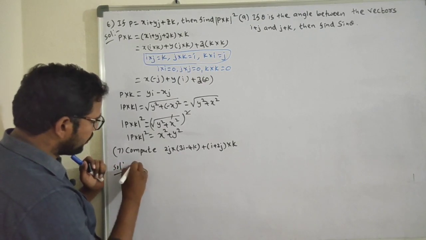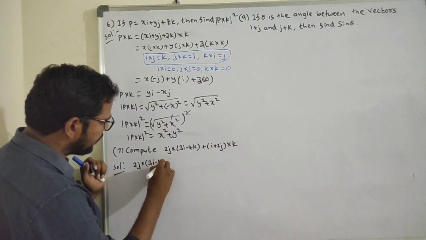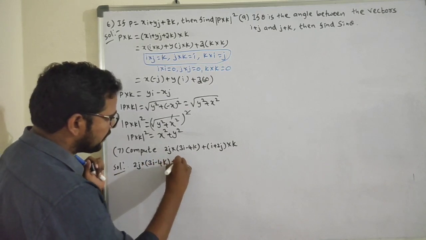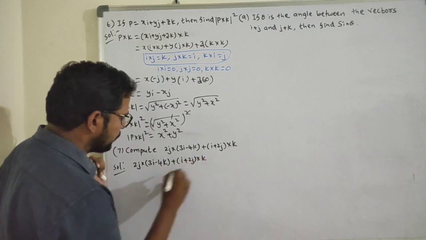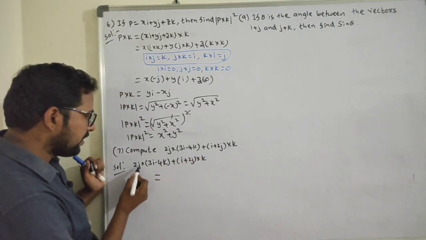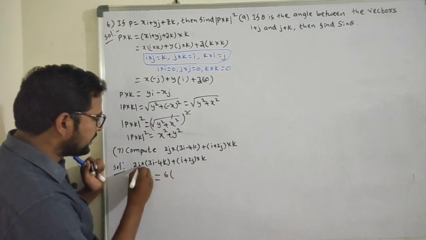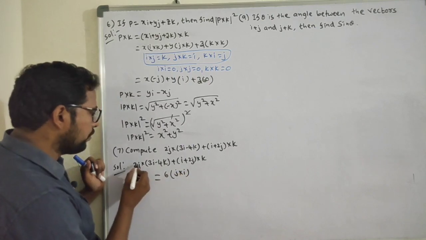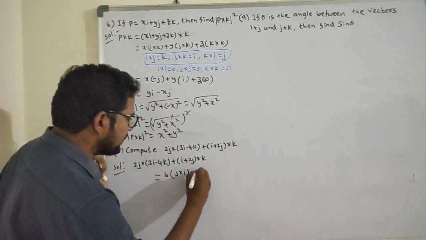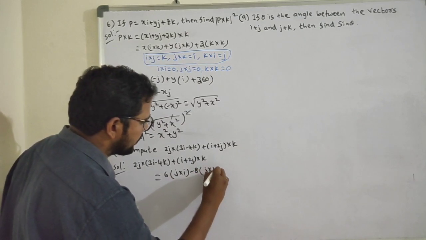So now the solution: 2j cross 3i minus 4k plus I plus 2j cross k is equals to, so multiply with j: 2 into 3 is 6, 6 into j cross I. Next 2 into 4 is 8, minus 8 into j cross k.